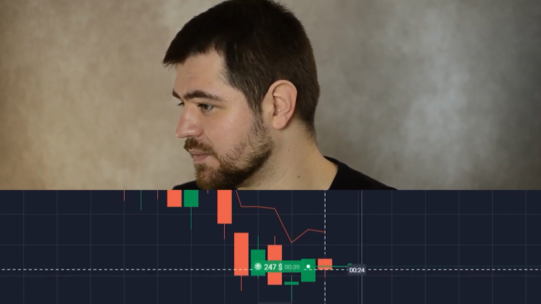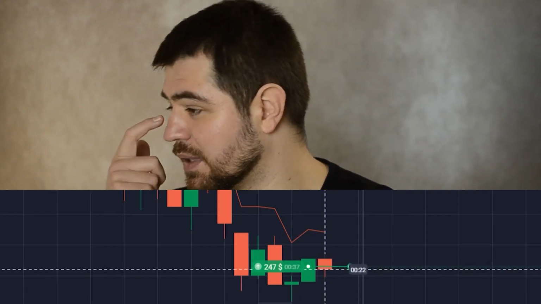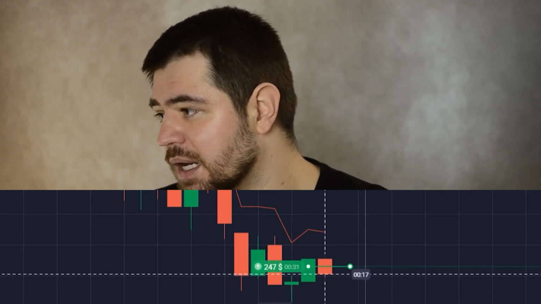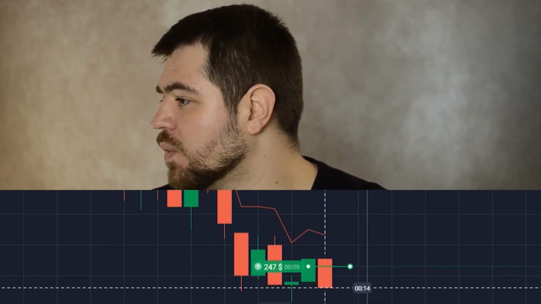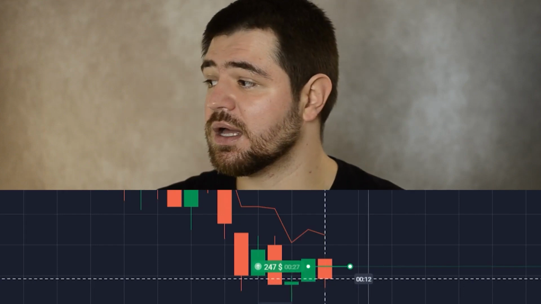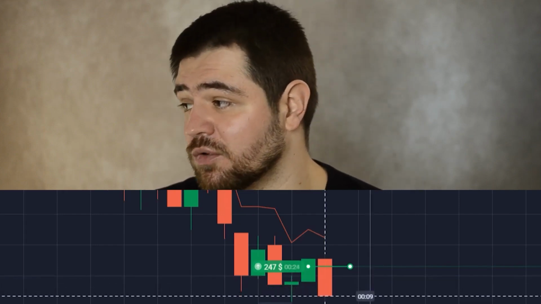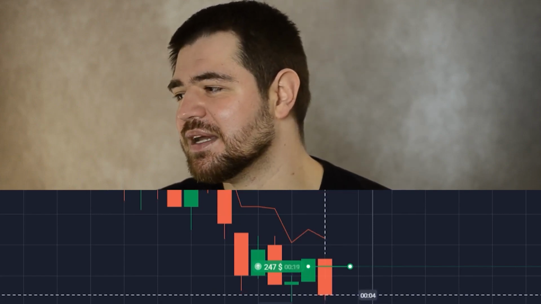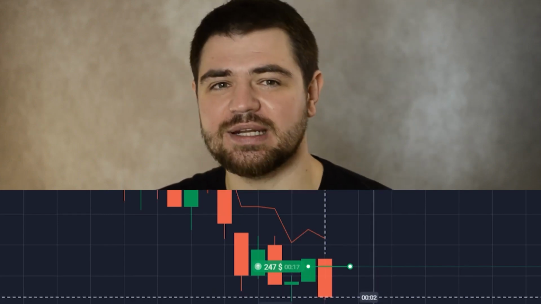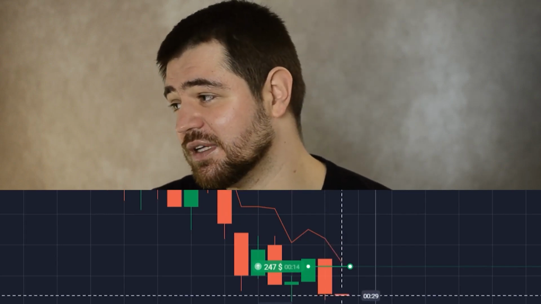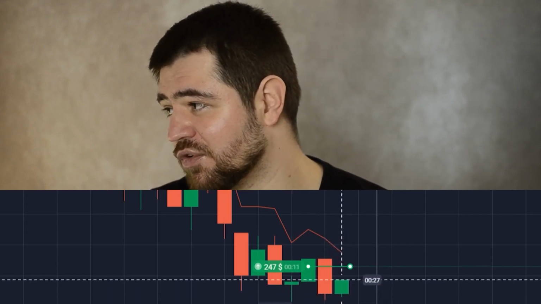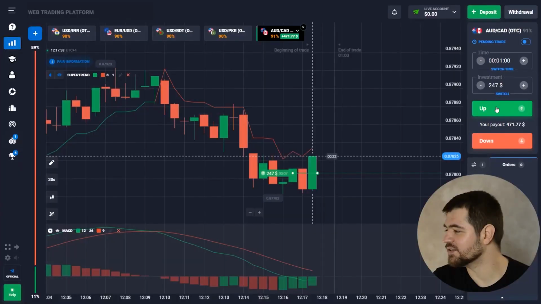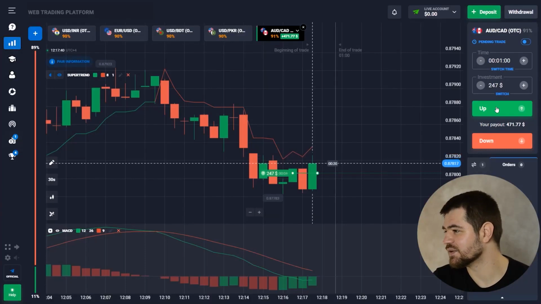Generally you would go down, but with a support level present, we can guess that this probably will play a huge role in how the graph forms. And as you can see, there it is. It goes up.